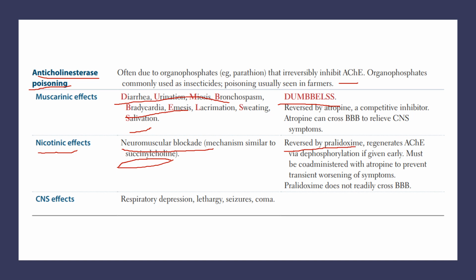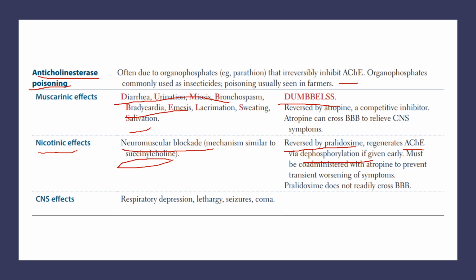Now what is this? Pralidoxime is basically a drug which counters these organophosphate poisoning drugs. It regenerates acetylcholinesterase via dephosphorylation if given early.